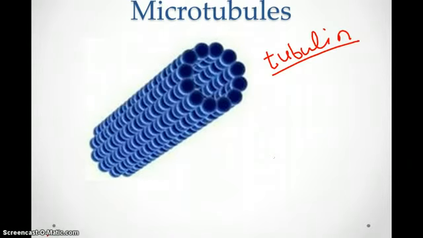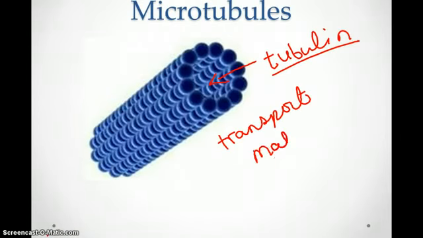They're hollow tubes, as we can see right here. And their function in the cytoplasm is to transport materials in the cytoplasm.